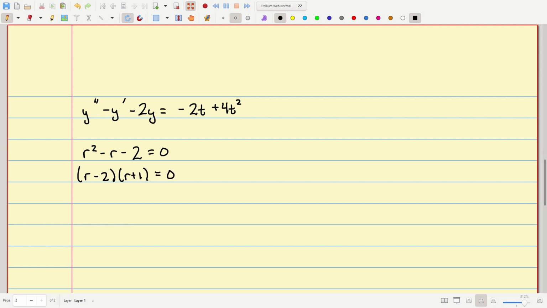We've been really nice so far. Both of these have factored. The homogeneous solution is C1 e to the 2t plus C2 e to the minus t.